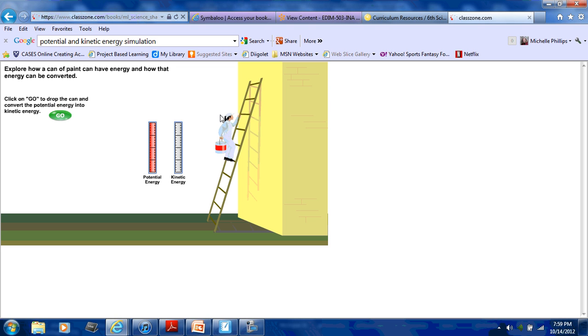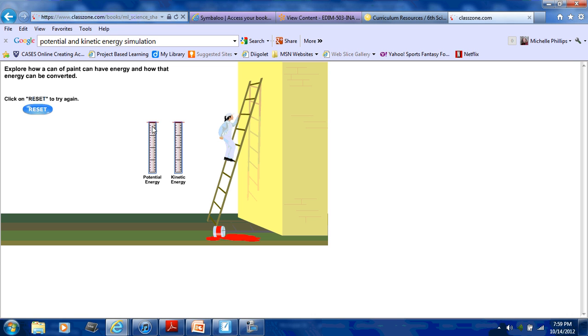When I click go, we're going to see the potential energy decrease, because as soon as the painter drops it, it loses its potential energy, and now it has kinetic energy because it's moving. And then once it stops moving, it has potential energy again. But it won't have very much potential energy because it's on the ground, because it doesn't have the height as it does right now. So let's click go.